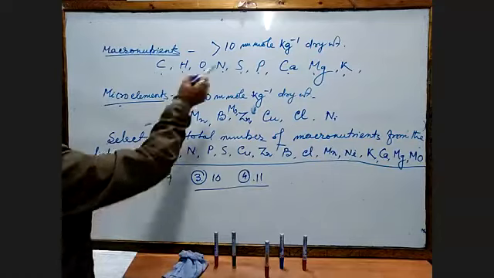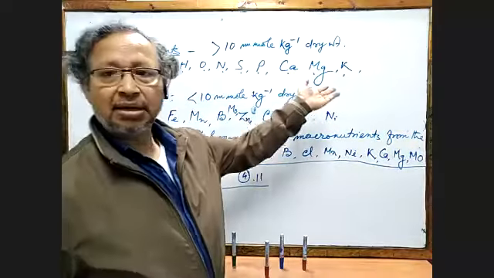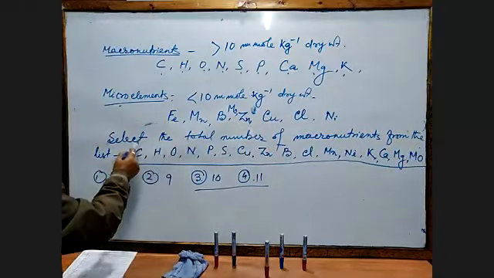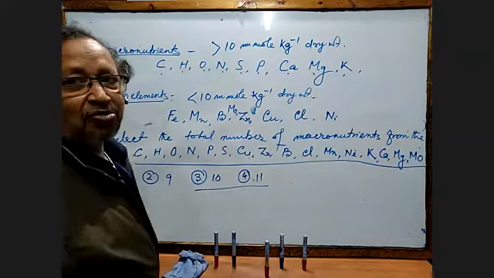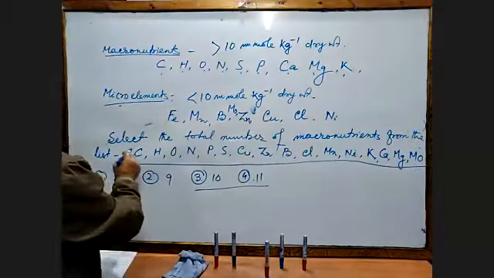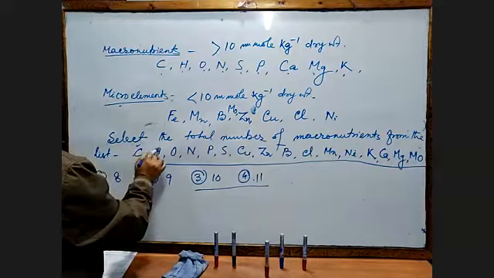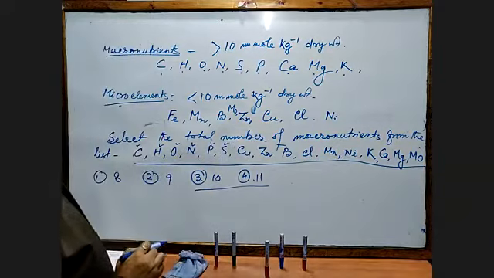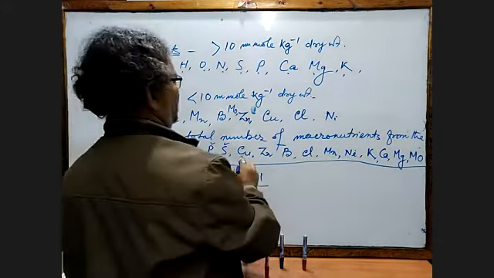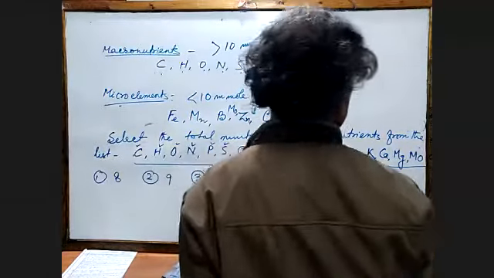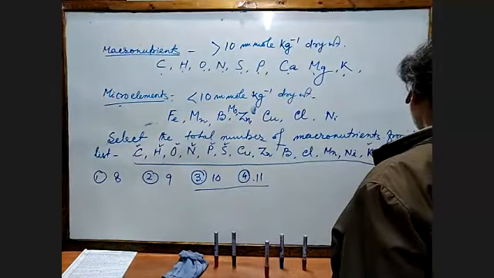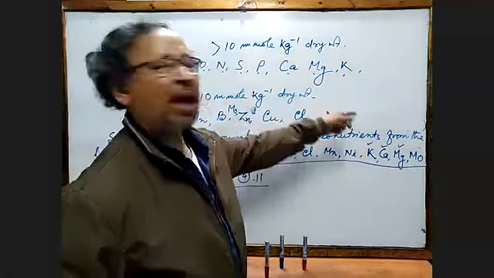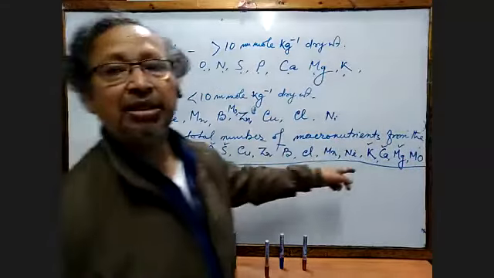So we have to find out how many are the macronutrients. We have to remember this list of macronutrients and micronutrients, then there is a very easy answer, but you have to remember the list. So this is 1, 2, 3, 4, 5, 6, then 7, 8, 9. These are the macronutrients. All the macronutrients have been included in this list.